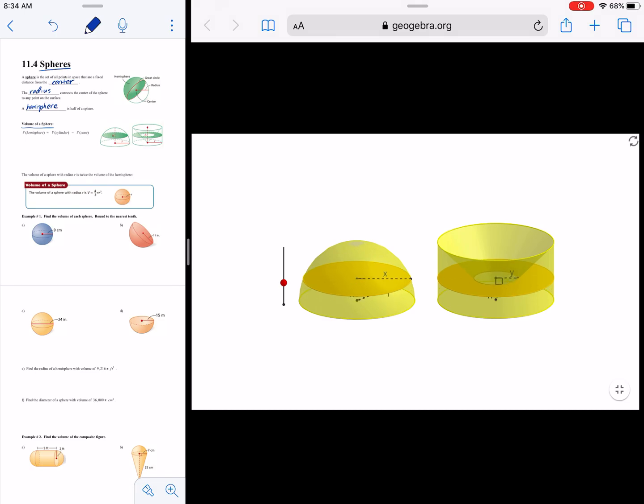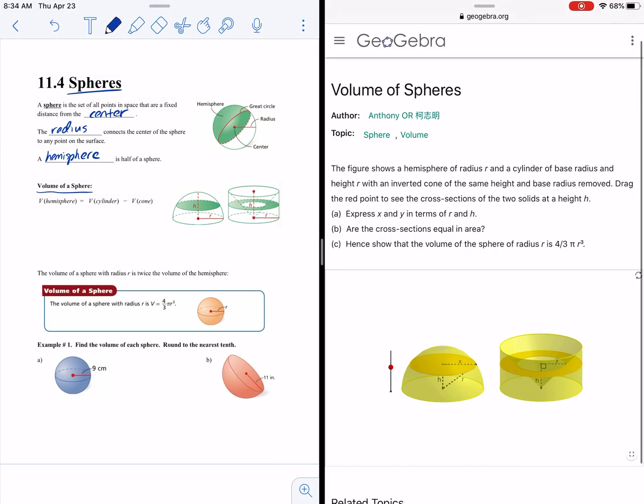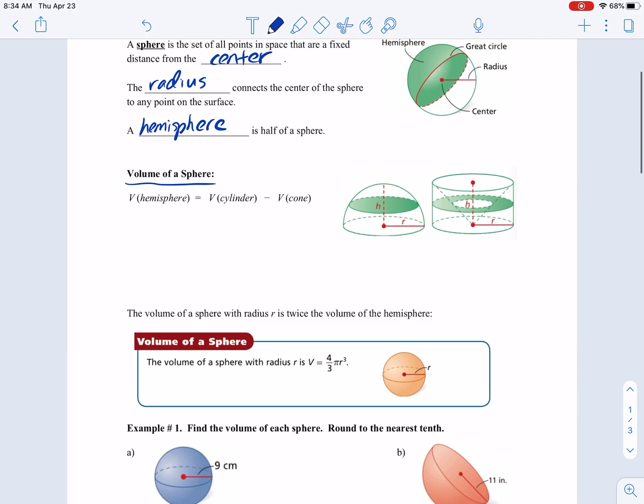But when the cross section of the two areas is the same, let's slide this over now. Let's see, here we go. When the cross section of the two areas is the same, then the volume of the hemisphere and the cylinder with the inverted cone would be the same.